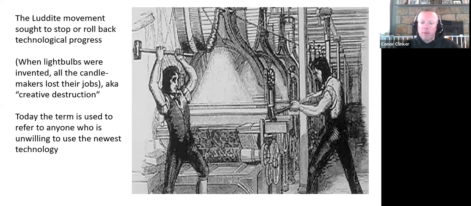So let's think about modern examples of this because you see it everywhere. It's a big issue and you can do a current event on this. Creative destruction. You ever go to the supermarket or any kind of store really, and the majority of people that are paying for stuff are doing self-checkout, right? It used to be you would go to Walmart and there would be 12 lanes and there would be 12 cashiers.